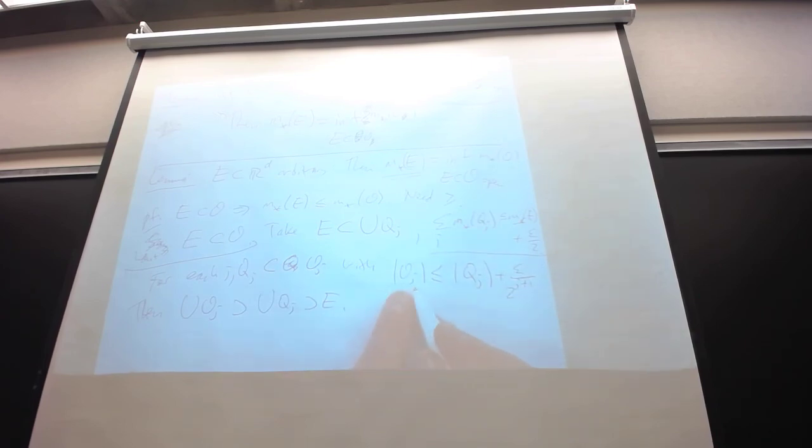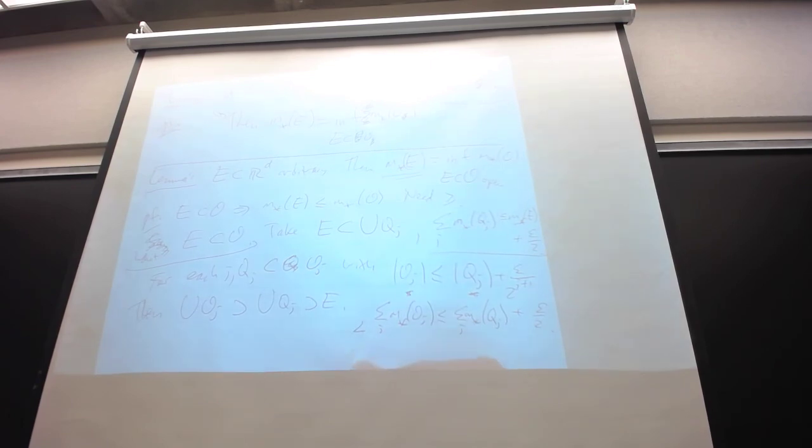We saw that the measure of an open set is its length. So this is equal to the measure of Oj, and this is equal to the exterior measure of Qj. And so now let's sum on j, and this is no longer an equal sign, plus epsilon over 2.